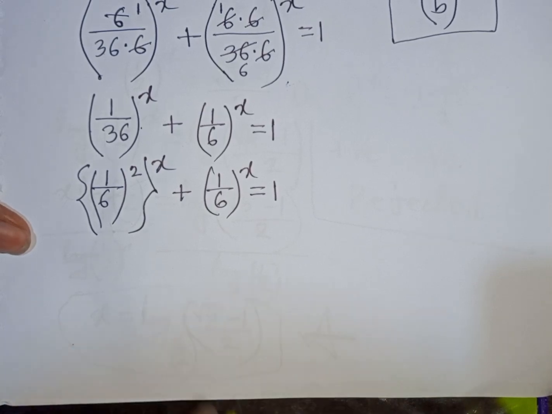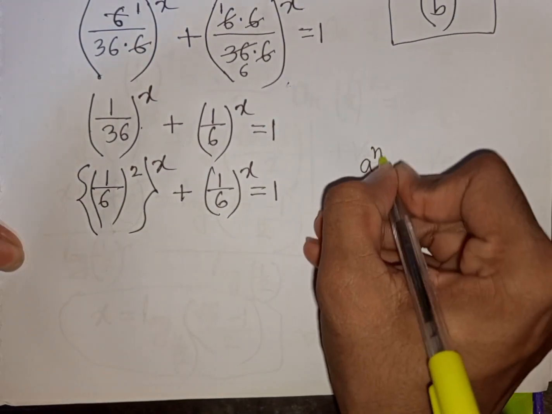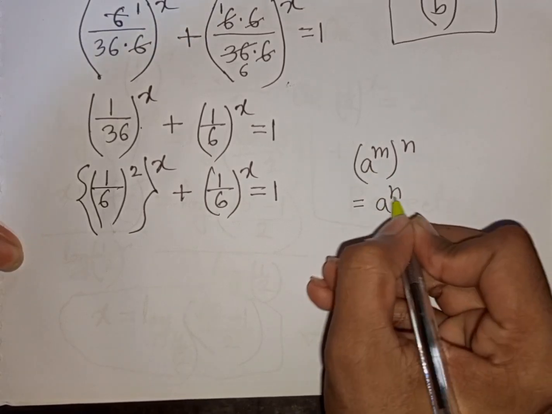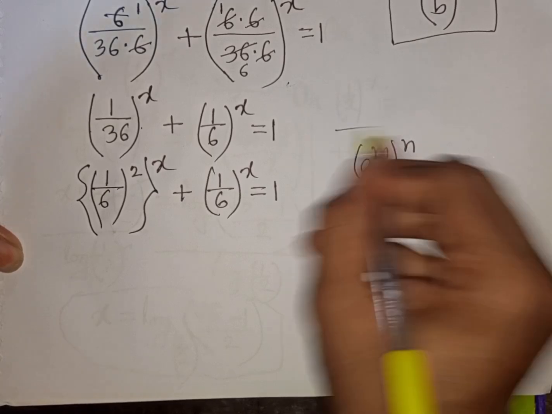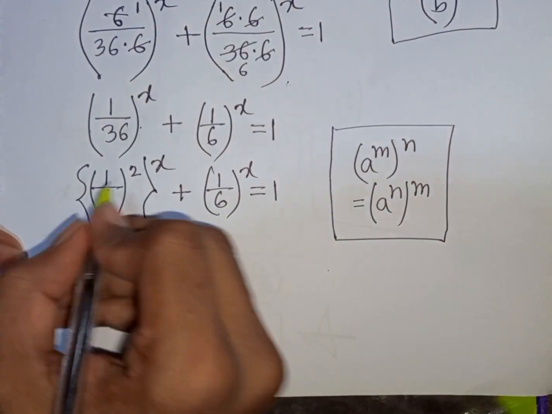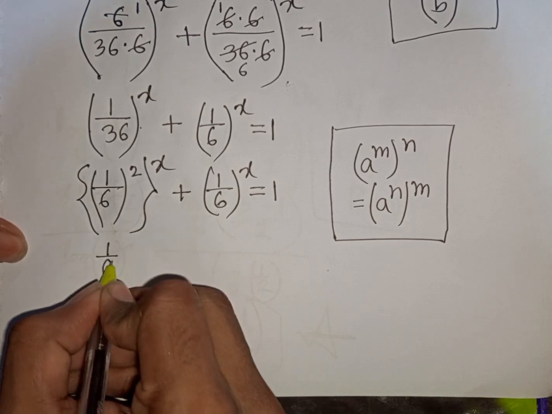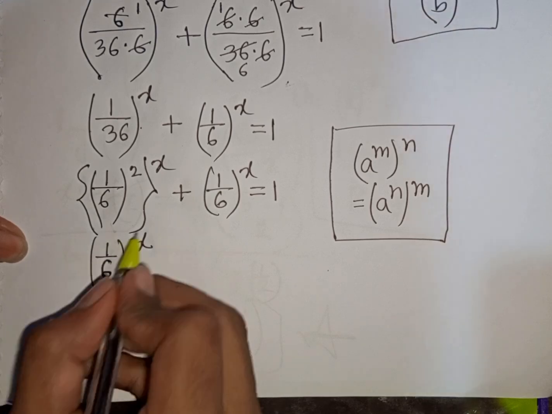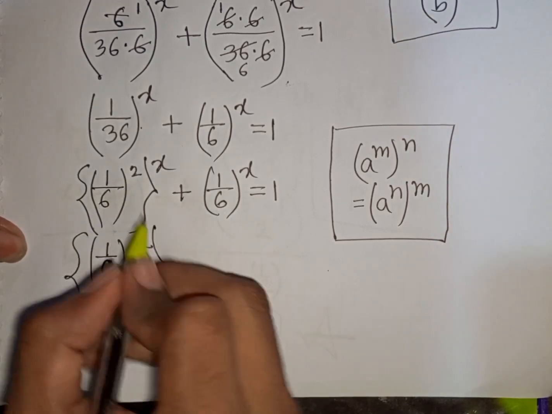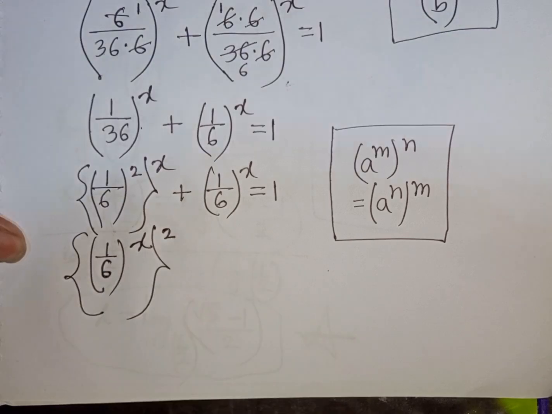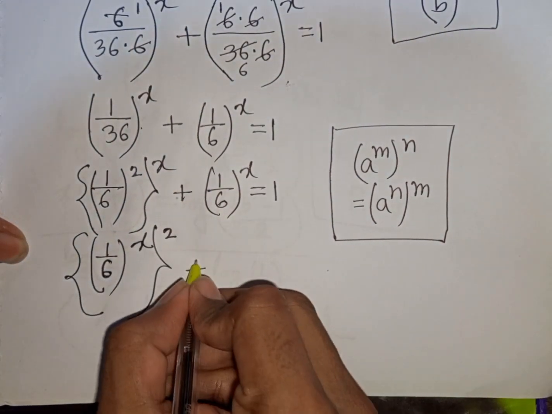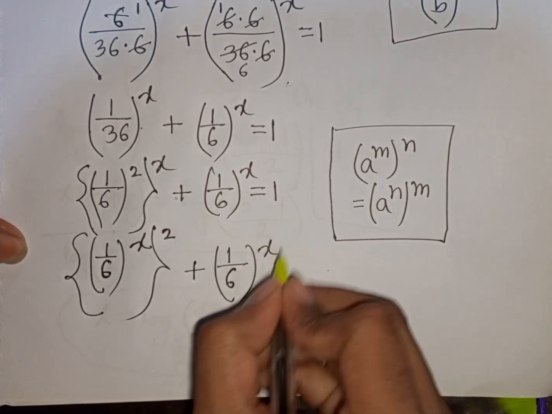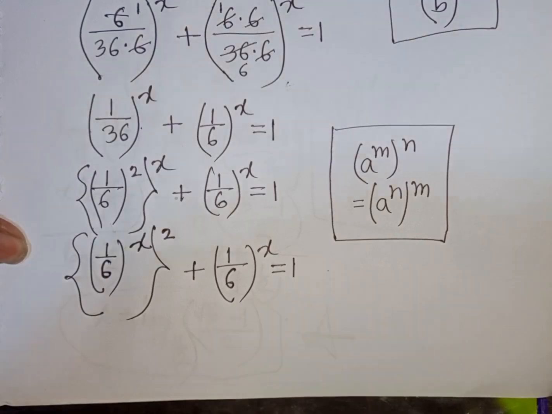Now here you can apply this exponential rule that a power m bracket power n is equal to a power n bracket power m. So according to this rule we can write here 1 by 6 bracket power x, then second bracket power of 2, plus 1 by 6 bracket power x is equal to 1.